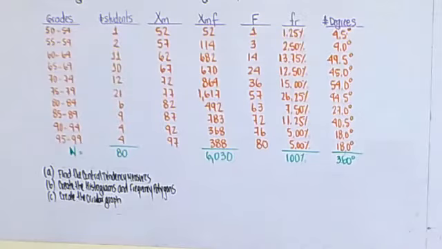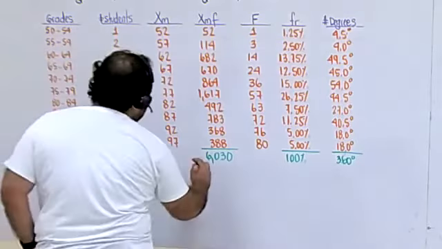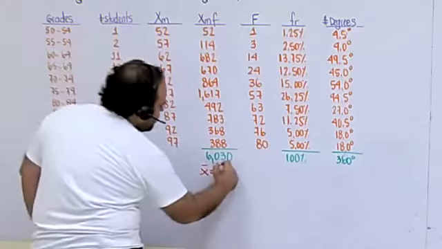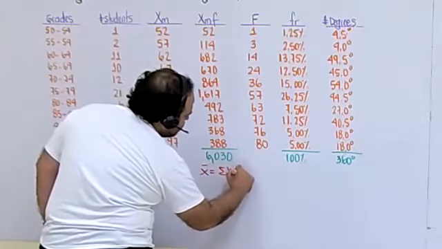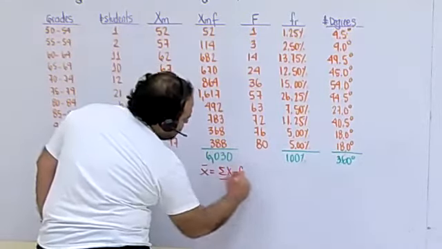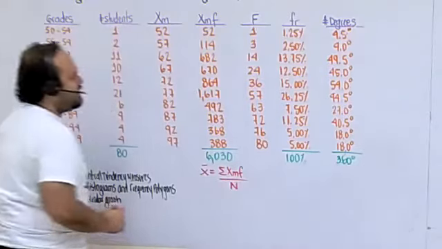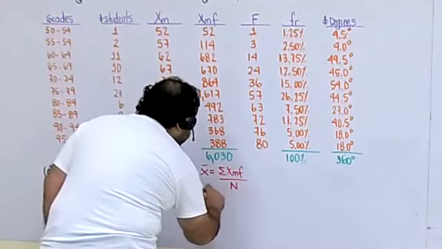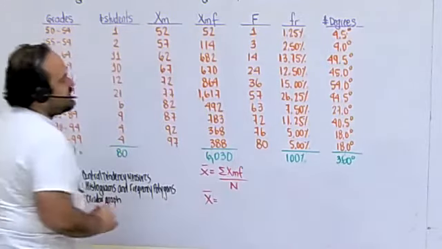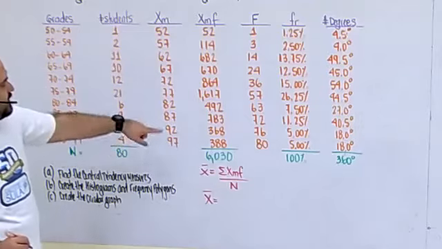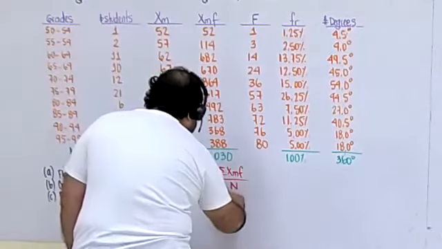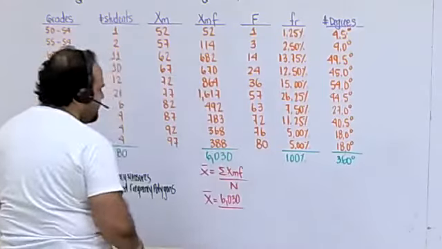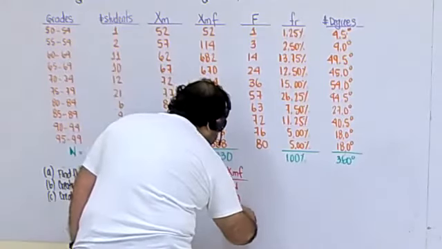Okay, let's continue. Remember, the arithmetic mean will be equal to the addition of the products of the class mark multiplied by the frequency, divided by the total number of data. This is going to be the arithmetic mean. In simple words, we're going to divide 6,030 by 80, okay?